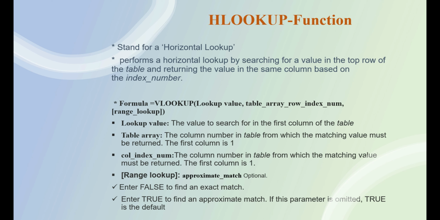While VLOOKUP searches for the value in a column, HLOOKUP searches for the value in a row. And the structure of both can be a bit different, where when we use HLOOKUP, we sometimes include the match formulas.